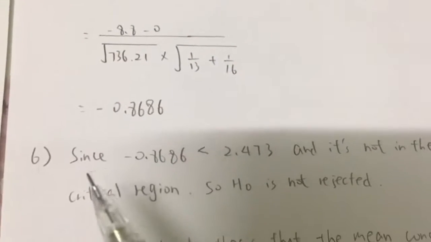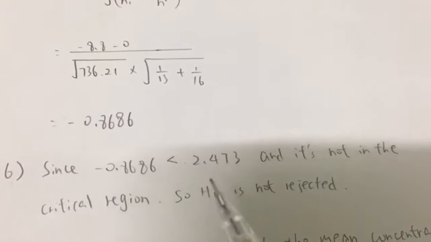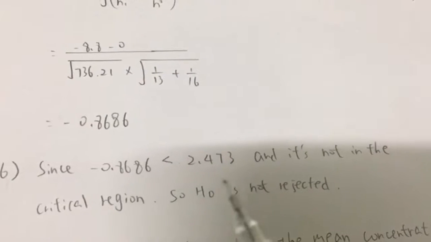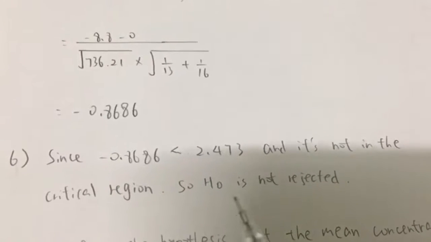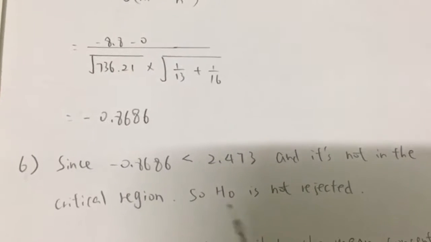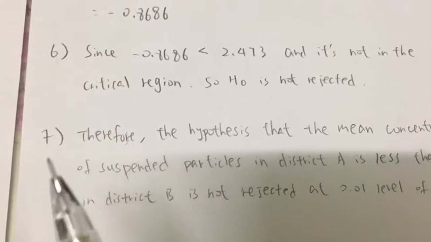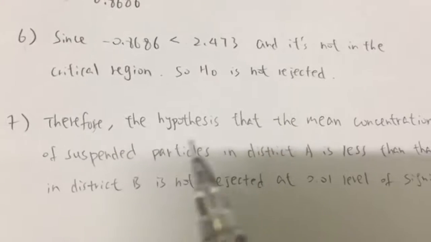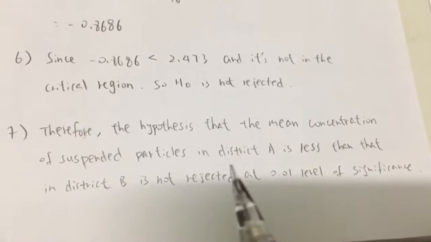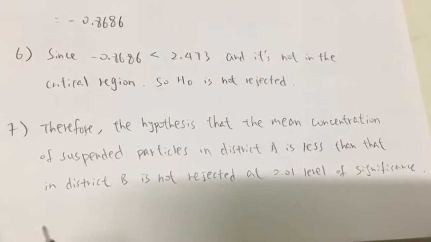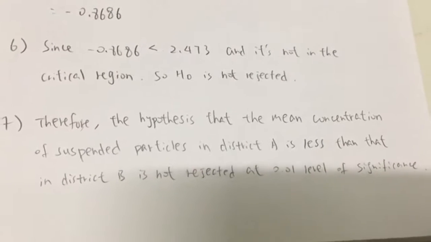For the sixth step, since negative 0.8686 is smaller than 2.473 and is not in the critical region, H0 is not rejected. Finally is the seventh step. Therefore, the hypothesis that the mean concentration of suspended particles in district A is less than that in district B is not rejected at 0.01 level of significance.